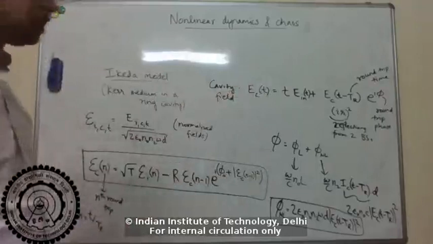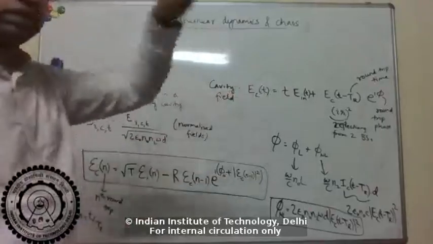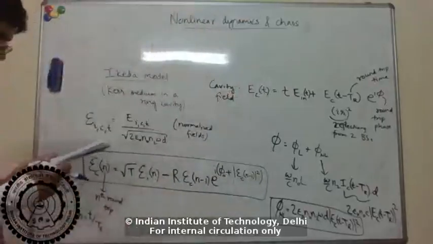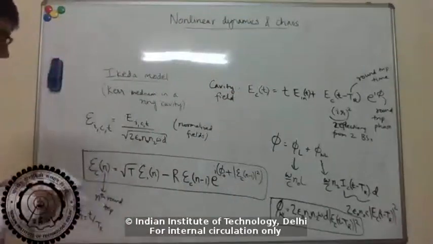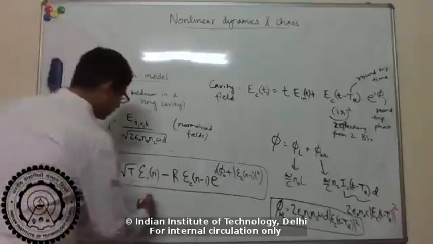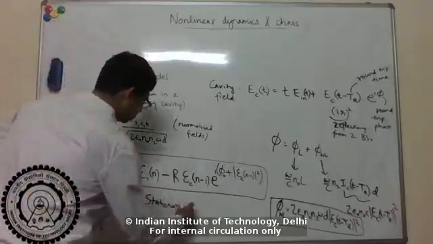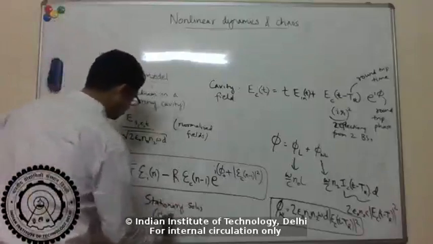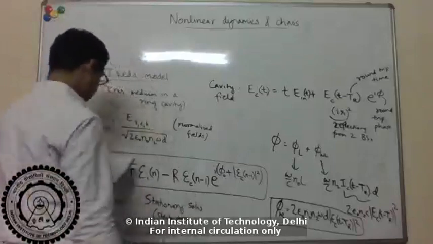If it reaches some steady state eventually, then EC after some n will reach a constant value. Okay, so those are called stationary solutions, steady state solutions, or time independent solutions, right?